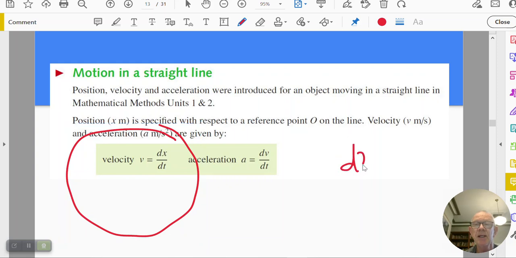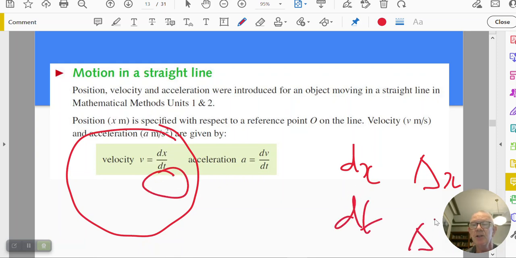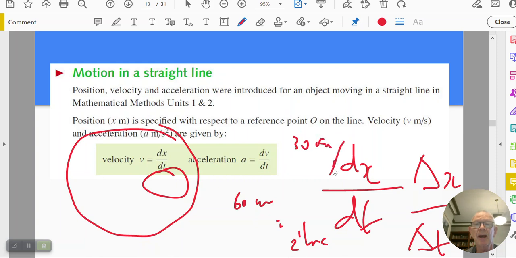Think about dx as being the change in x, or the change in distance, and dt as the change in time, and that dx dt is the same as the change in x over the change in time. That is, you travel 60 kilometres in 2 hours, therefore the rate is going to be 30 kilometres per hour.